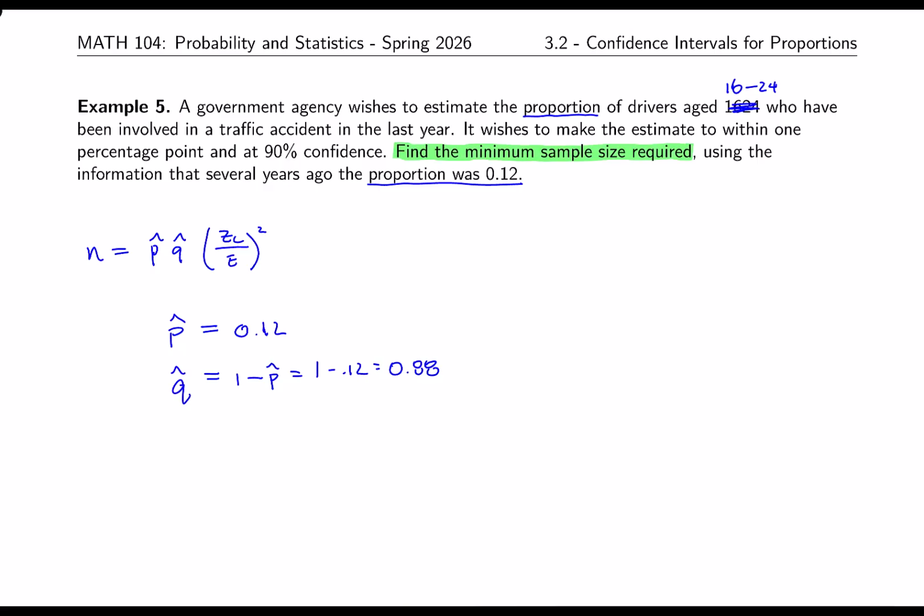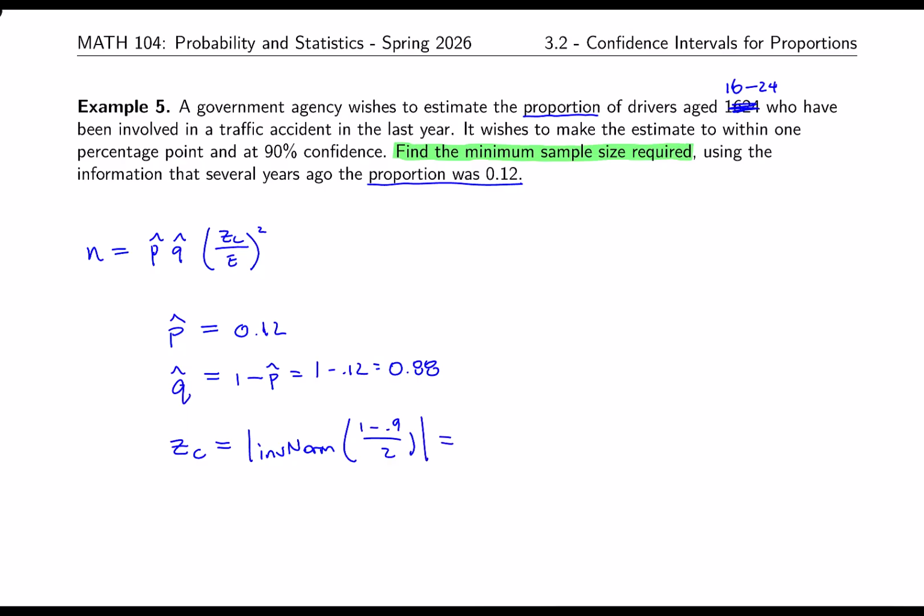Okay. Z sub c, that's no big deal because we would be using the same formula for the critical value here that we've been using. It's the absolute value of the inverse norm of 1 minus our level of confidence, which is 0.9, over 2.